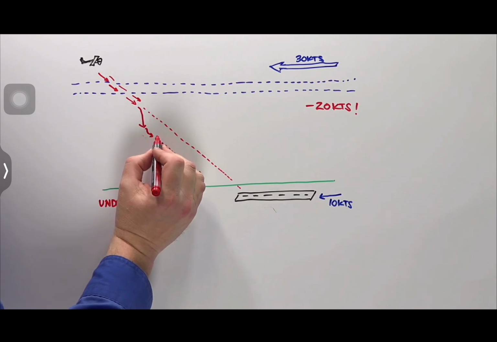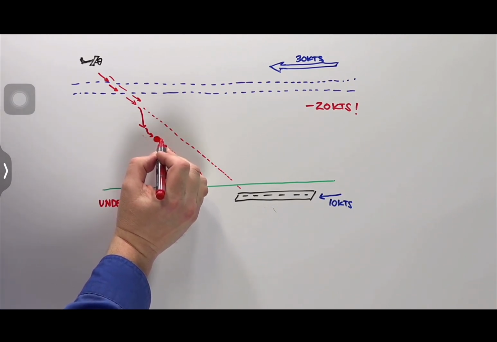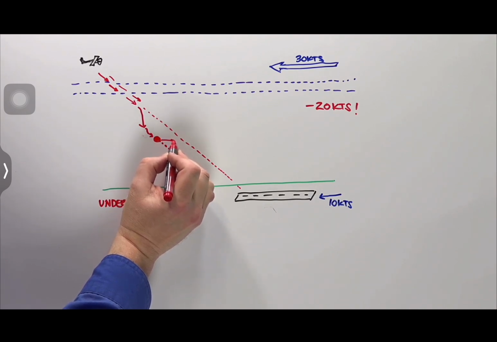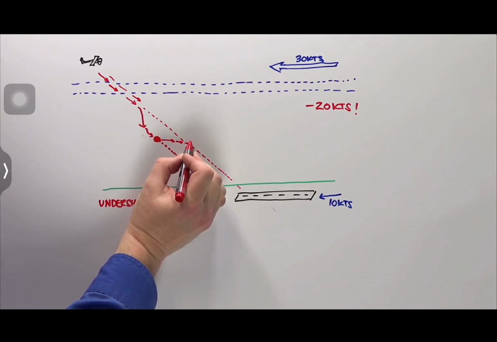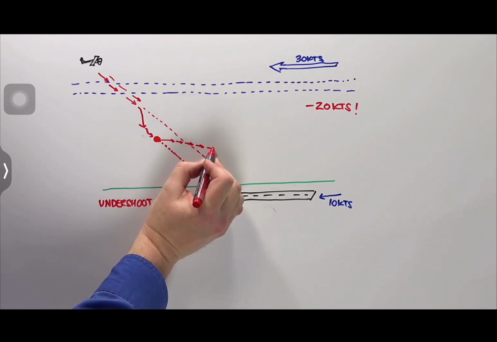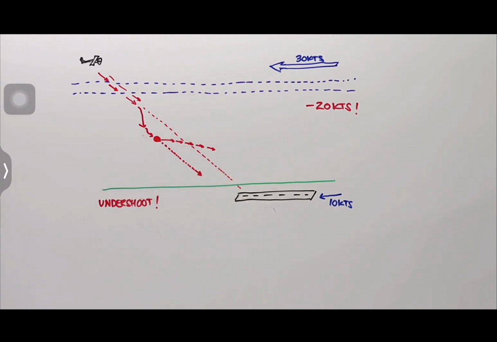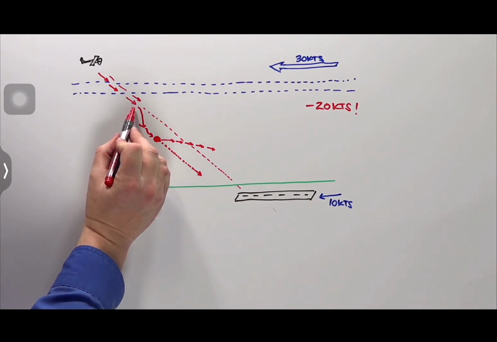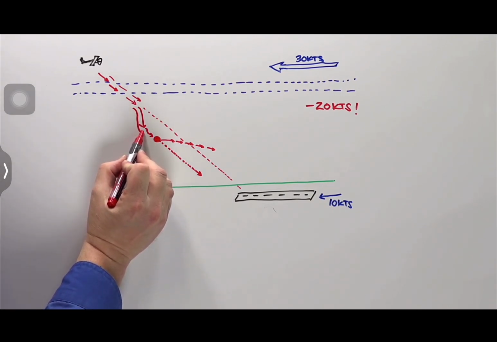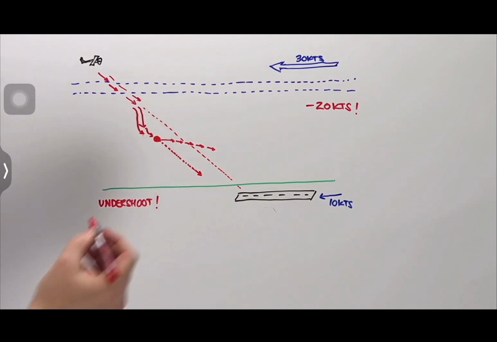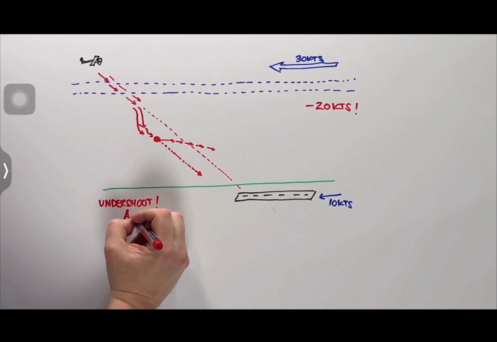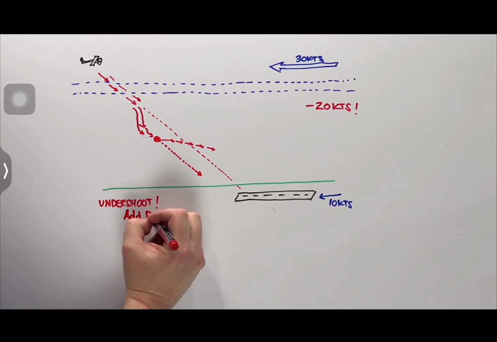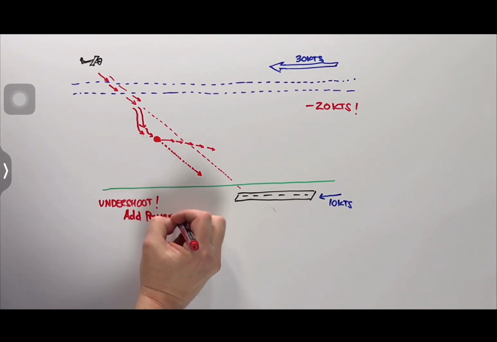Most pilots, as they see this big sink, will increase the power. When they increase the power, now their path looks like this, but then they continue on, ending up overshooting. So the trick is this: when you feel this first sink, yes, you're undershooting, so absolutely you're going to need to add power.